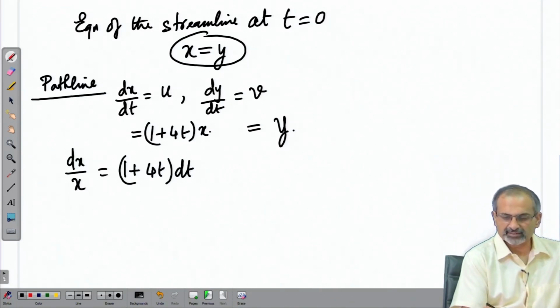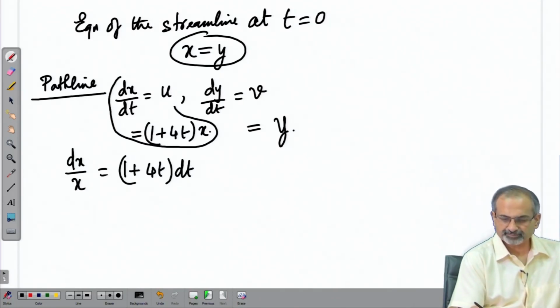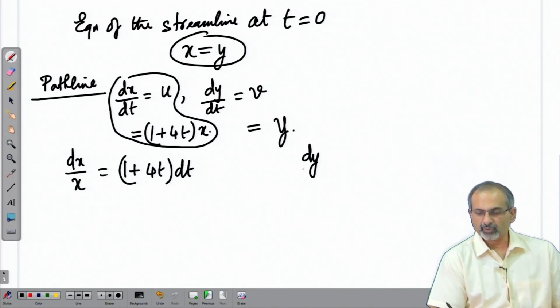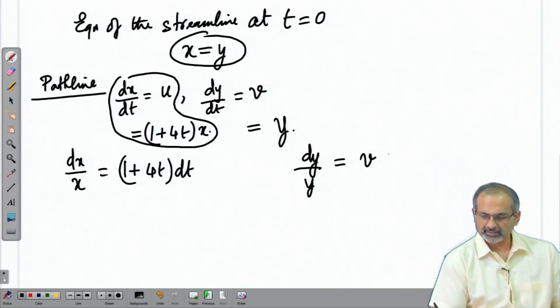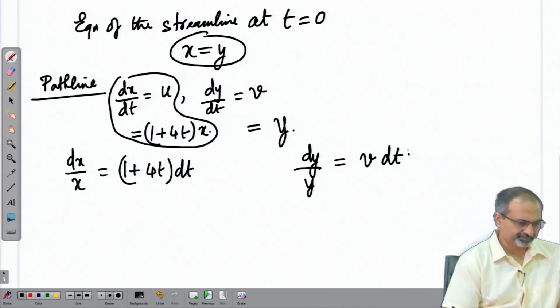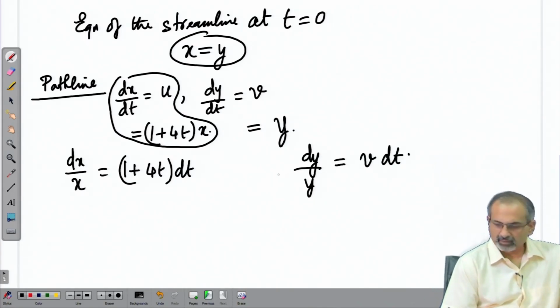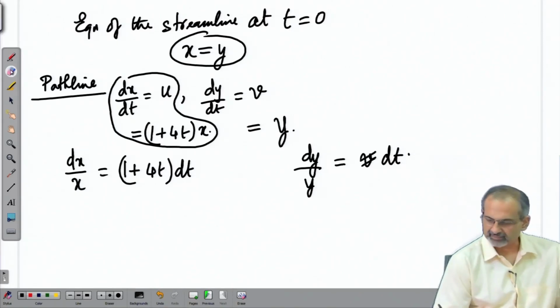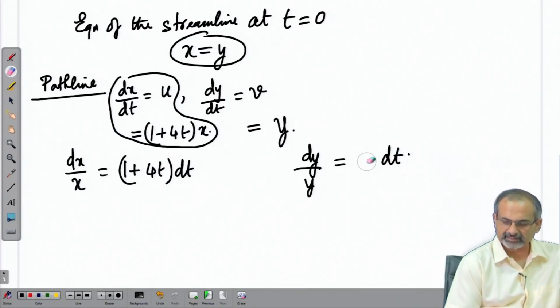This is how you rearrange this part. How do you rearrange the other part, the v component? You do dy by y equals dt.